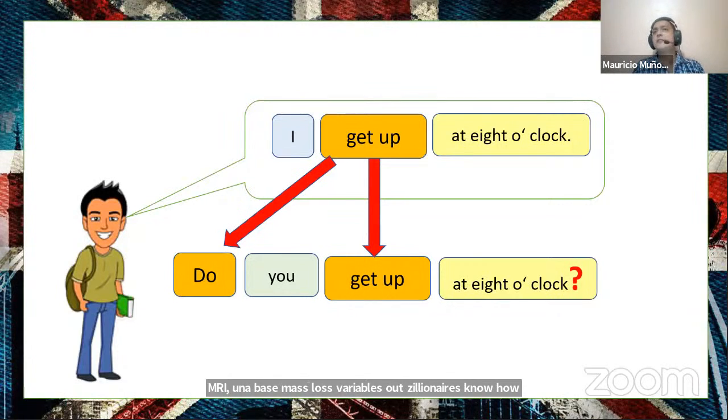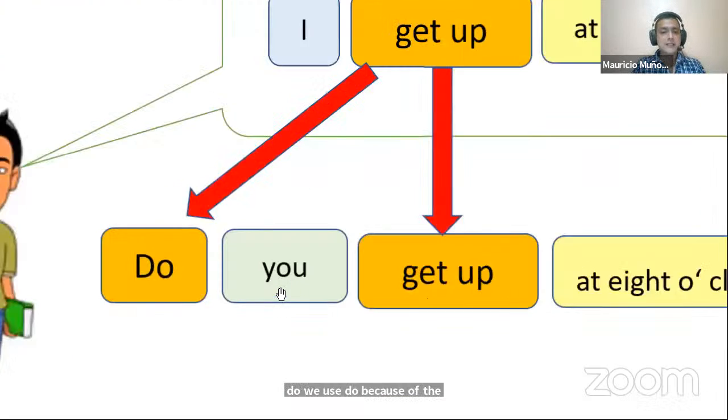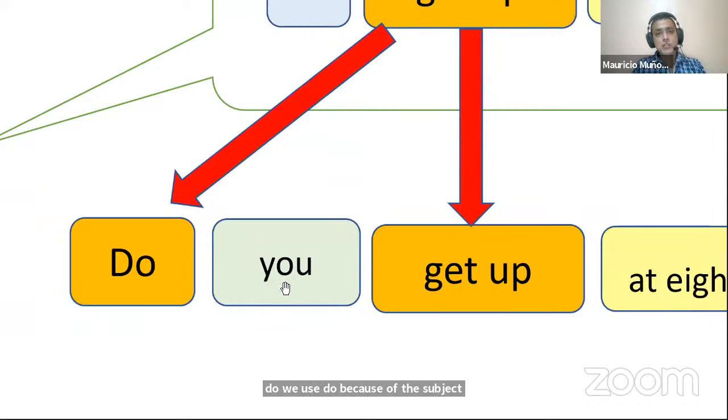Nos aparece otra vez el verbo auxiliar do. Do you get up at 8 o'clock? This is a question. Lo que se repite de la oración positiva, como usted puede observar, es el verbo y tenemos a partir del verbo el auxiliar, do. We use do because of the subject, you, do you.